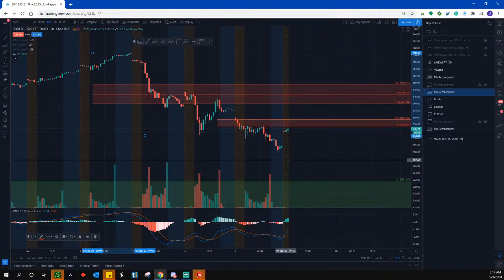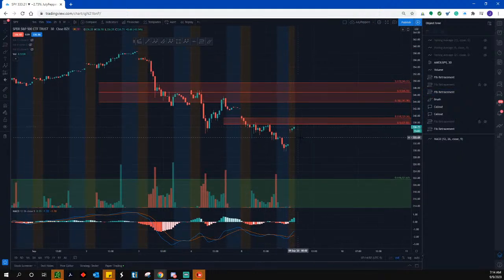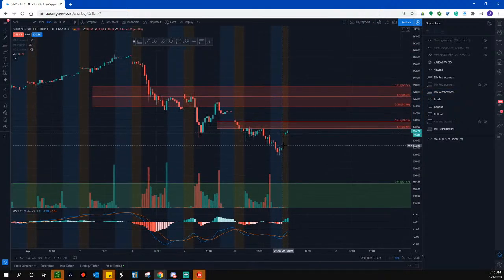So what I just showed you by using the fib retracement tool: when you measure the previous swing, if you want to figure out what the resistance and support levels are for the current move, you have to measure the previous one. In this case, I took the fib retracement tool.